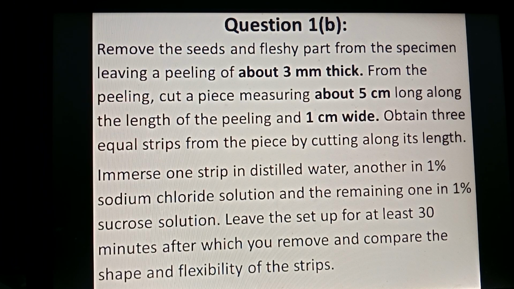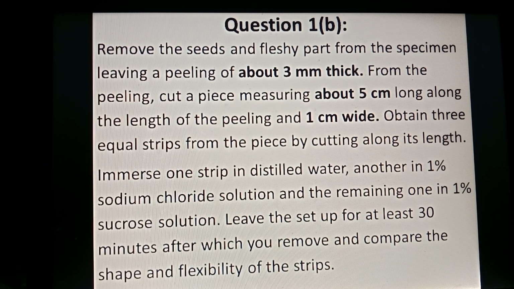In question 1b, you are told to remove the seeds and flesh part from the specimen, leaving a peeling of about 3 millimeters thick. From the peeling, cut a piece measuring about 5 centimeters long along the length of the peeling and 1 centimeter wide. Obtain 3 equal strips from the piece by cutting along its length.